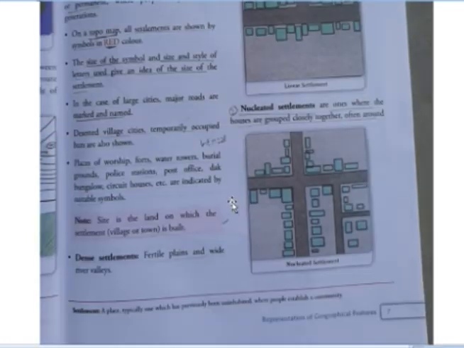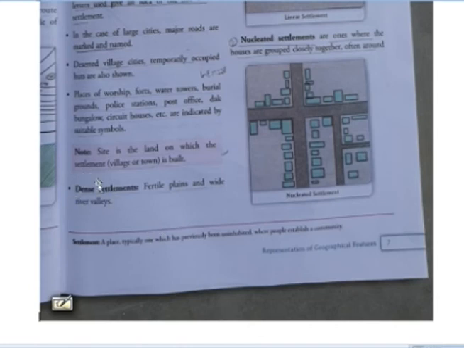The settlements, types of settlements. First, we'll discuss dense settlements. Dense settlements means where the population is crowded or the population is high. So, where people used to settle: dense settlements are found at places which are fertile plains and wide river valleys.